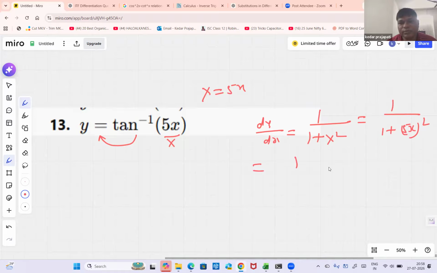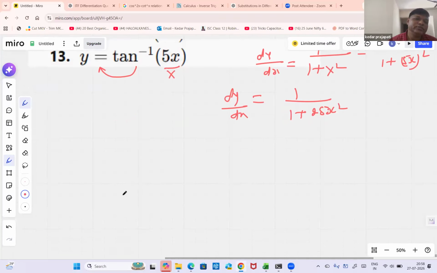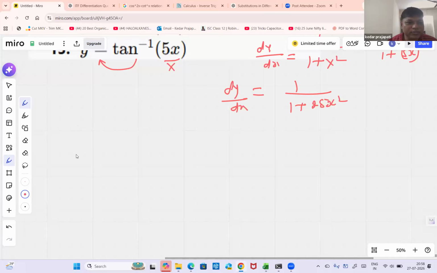So this will become 5 by 1 plus 25x square. Very easy. Now let us do it with another formula, so that it will be practice for you. Can you just guide me? Yes.